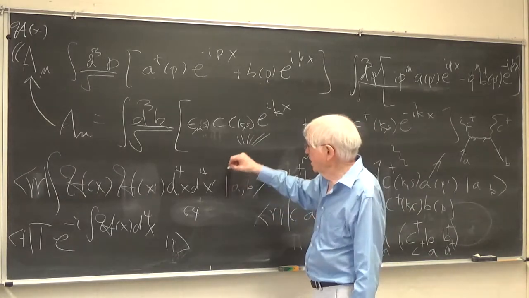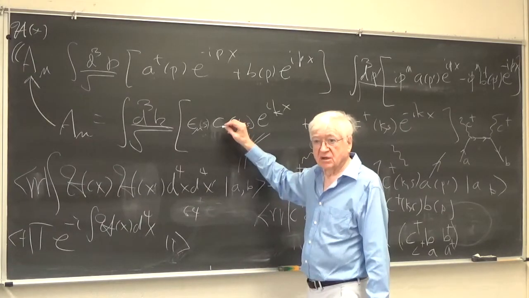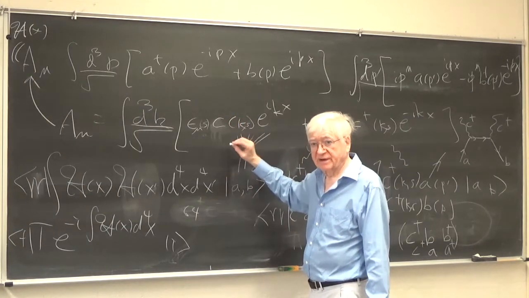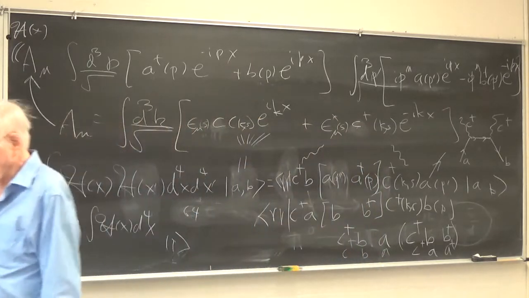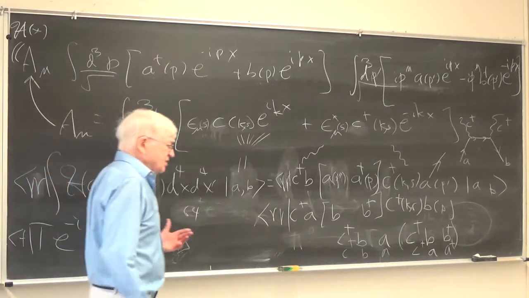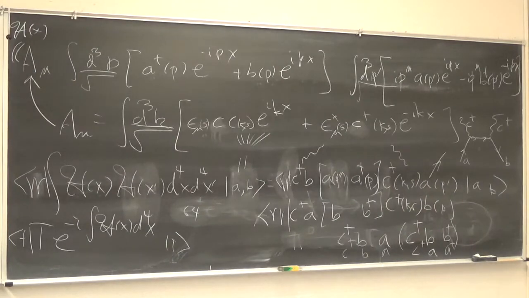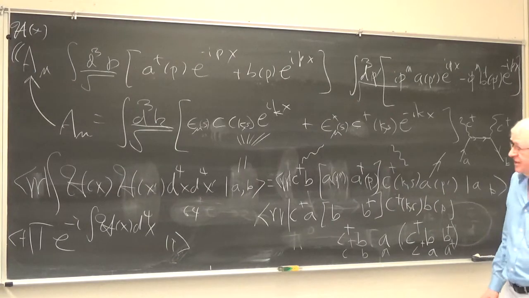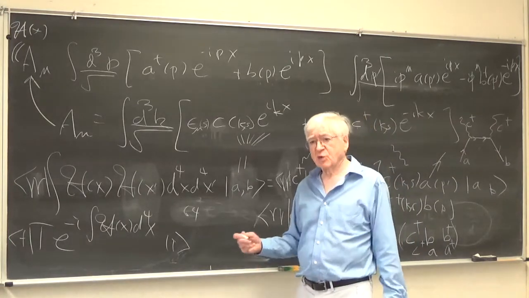You could have 1 in, 1 out, 2 in, 2 out, whatever you want. And so all these are essentially possible amplitudes. But then when you integrate over space twice, you get a 4-dimensional delta function that conserves energy momentum twice.